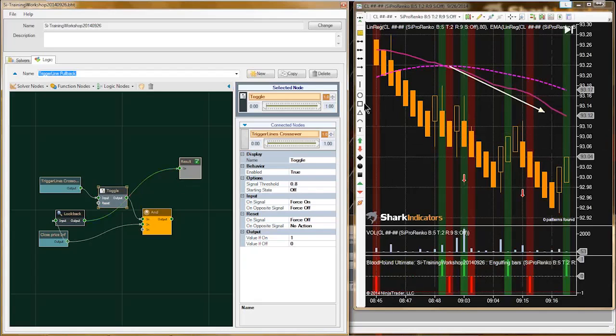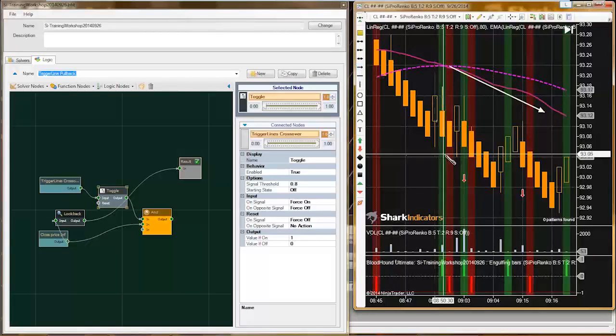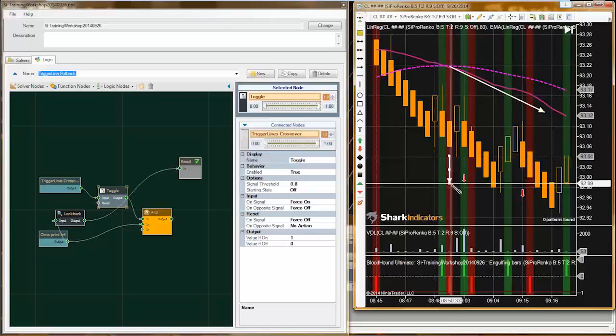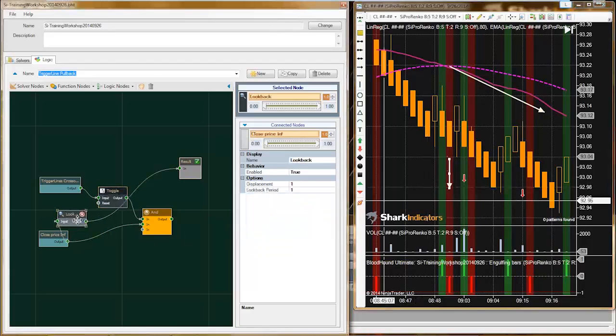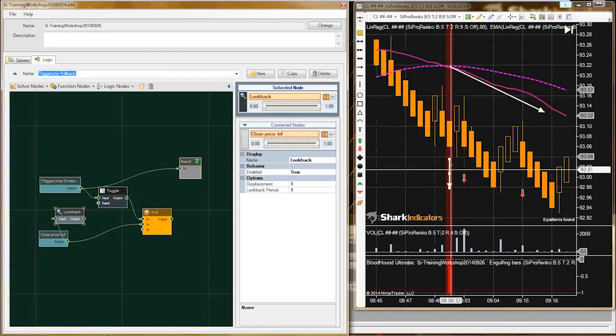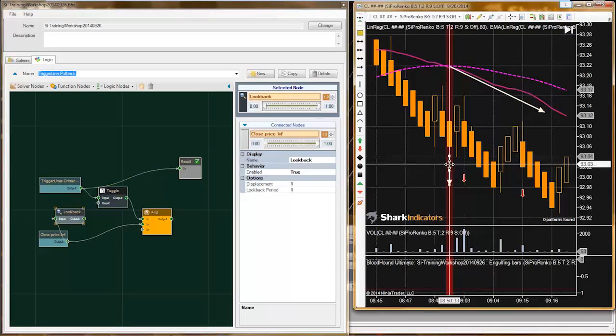Oh, so look at this. Look what happened here. We got a really special case. Right, we can see we have this down signal right here, this short output from our look back, and if we look at our crossover, look, our crossover is on the same bar.